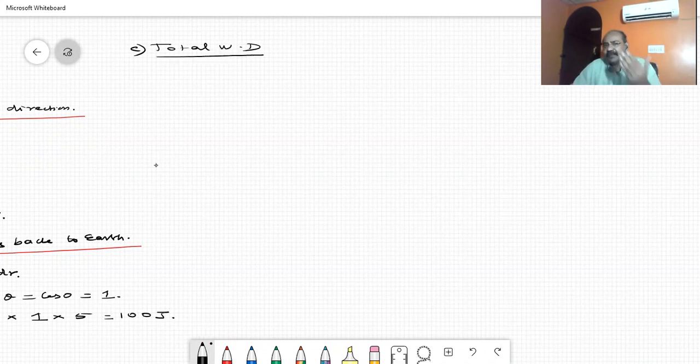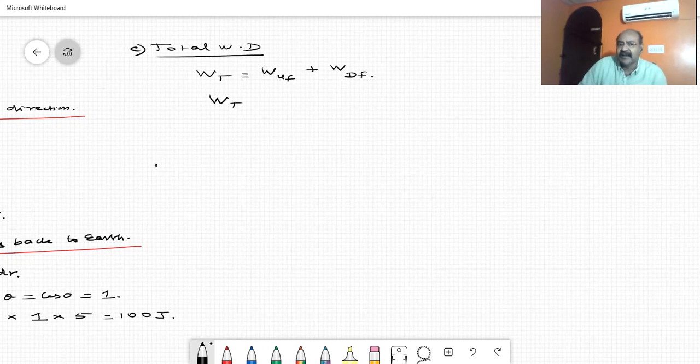Total work done, let us take like this. W total is equal to work done in the upward force plus work done in the downward force. Since work done is a scalar quantity, the scalar sum or the algebraic sum of the two work done will give you the total work done.